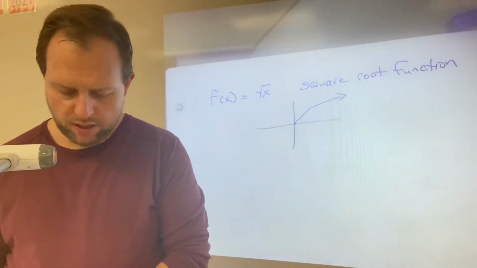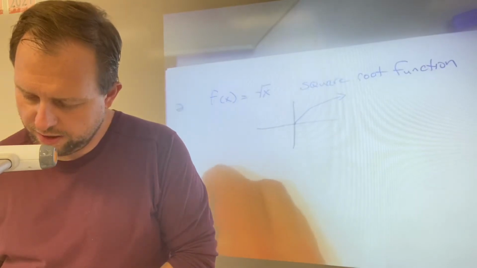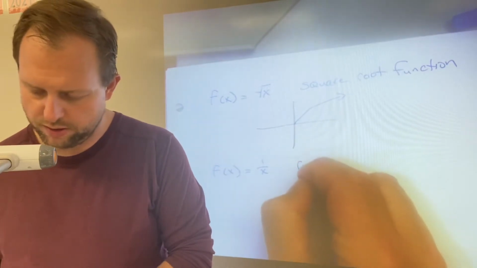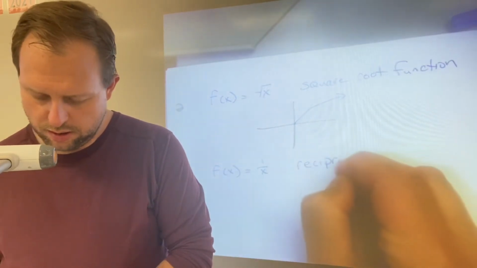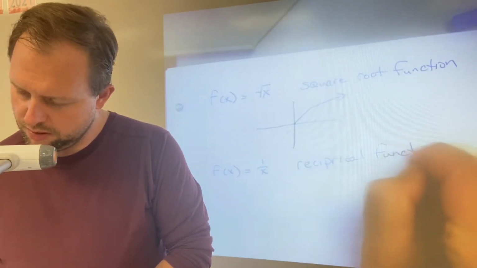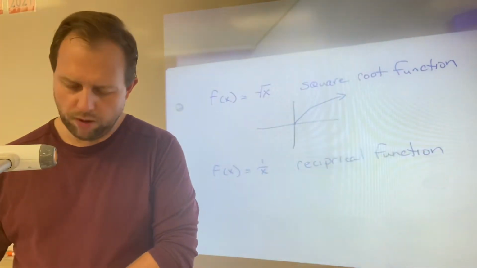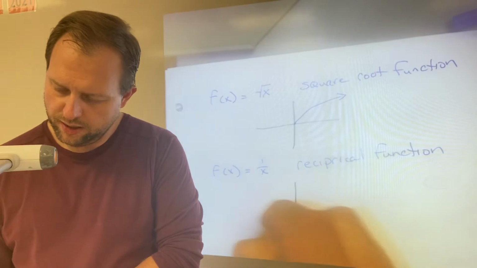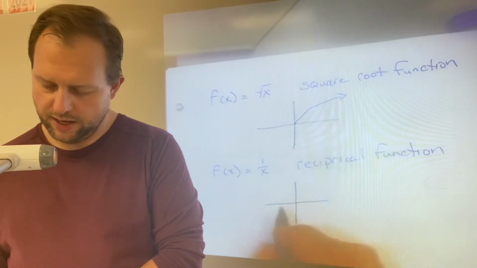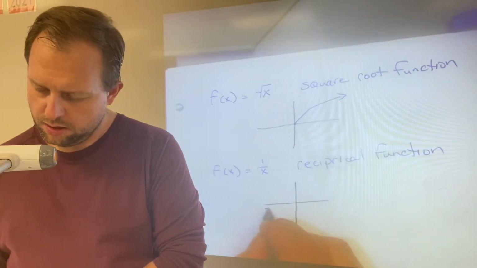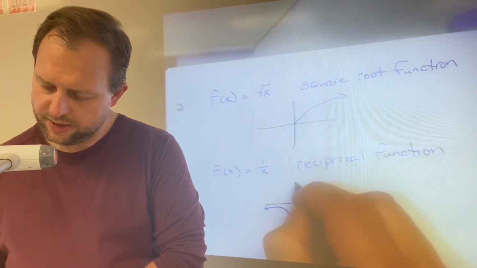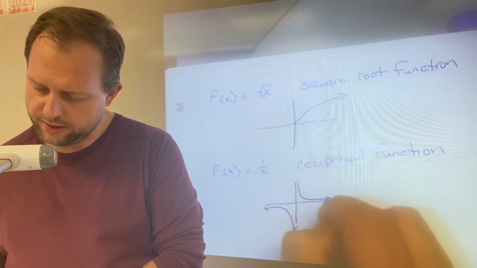The next function is f of x equals 1 over x, and that, of course, is a reciprocal function. Where we have our axes, and 1 over x, when they are negative, gives us a graph that looks like this, and in the positive, looks like that.